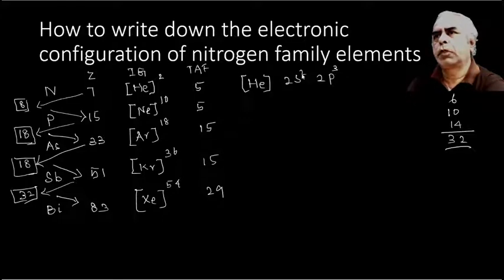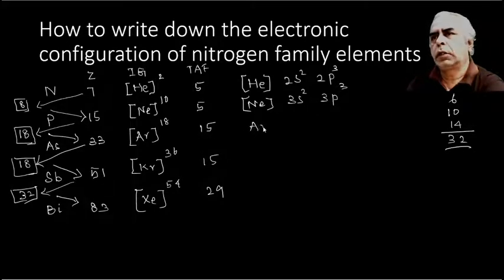So 3 plus 2, 5. So we have to account for 5 only. And you can write down simply neon, and account for 5 electrons. So 3s2, the next shell, is it not? So 3p3. And then neon, argon.